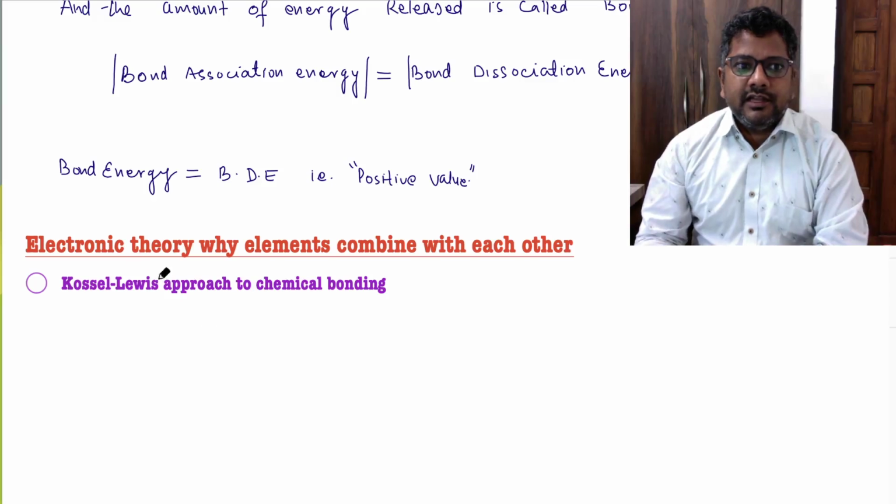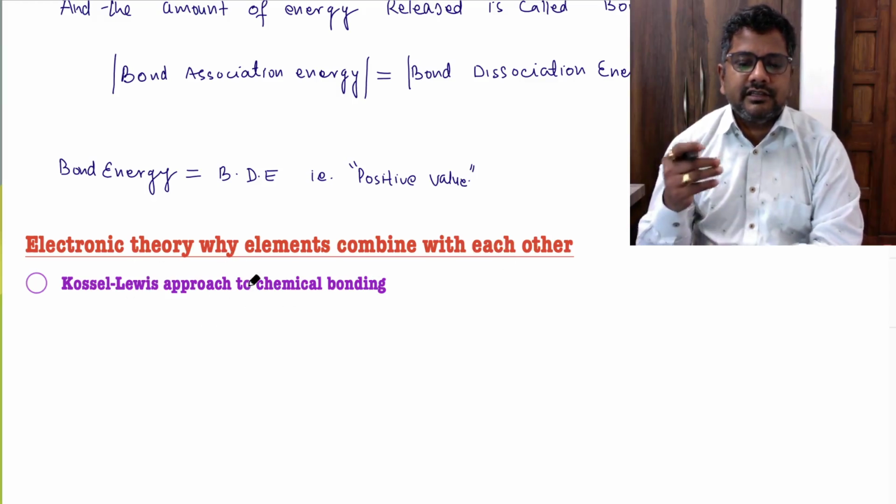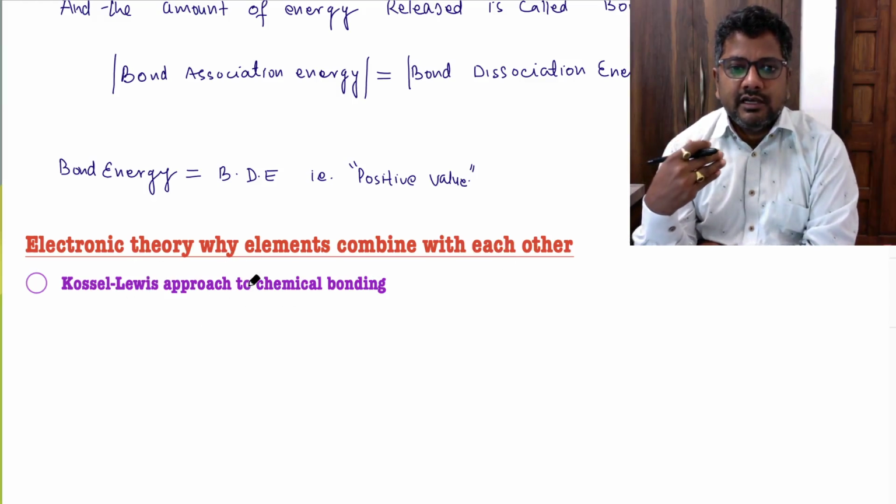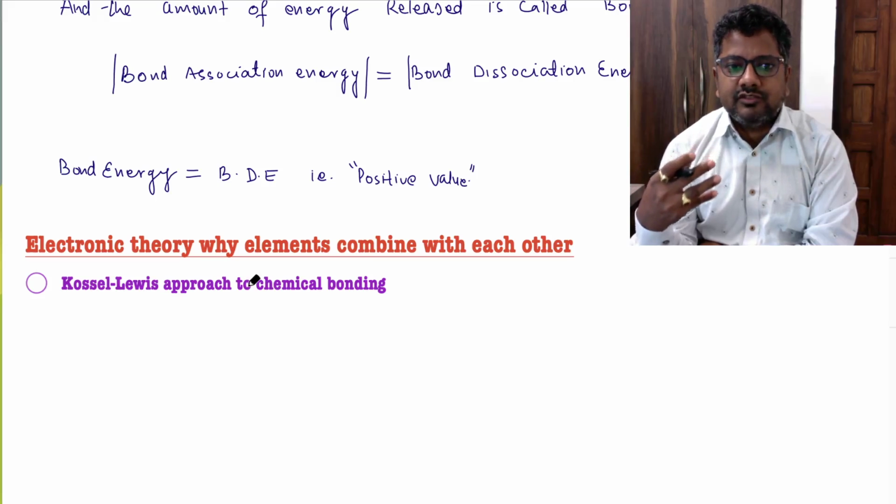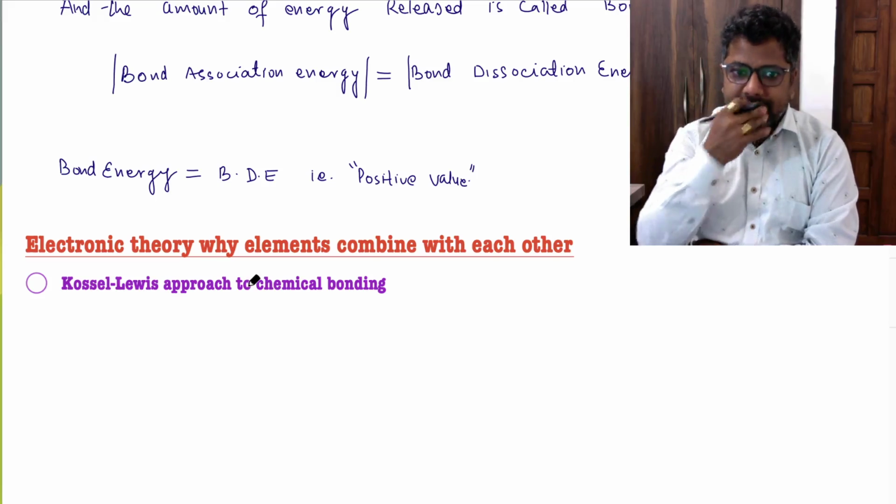So this is called electronic theory. Why do elements combine with each other? In this connection, Kossel and Lewis gave the first theoretical approach.